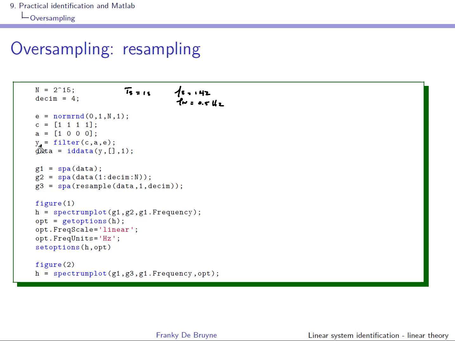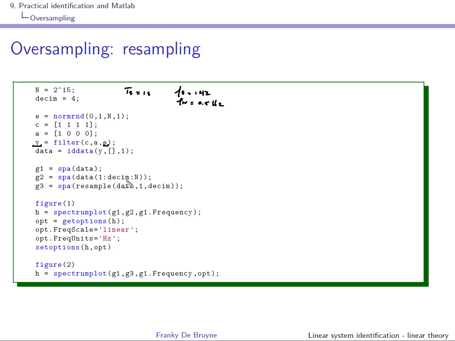We have only an output and we generate it as an ARMA model. So you have C over A and you have a white noise that goes through this transfer function, right? And then we have the output, and we use here again this identification toolbox structure that you can use for identification.